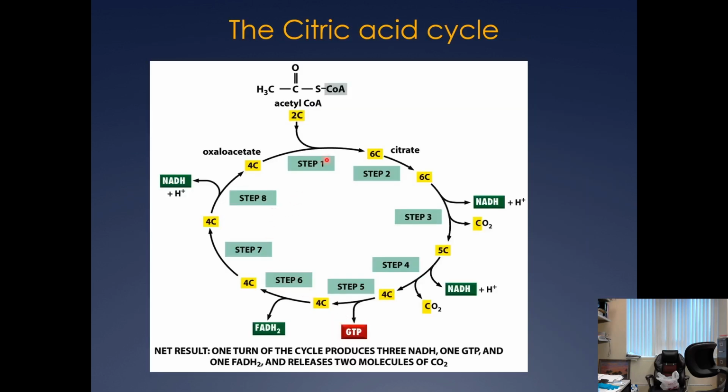We've also looked at the citric acid cycle, where you get acetyl coenzyme A with 2 carbons. It gets fed in and added to oxaloacetate to become citrate, and then you go through this whole process, and in it you're producing a bunch of reduced NADH, reduced FADH2, and GTP.